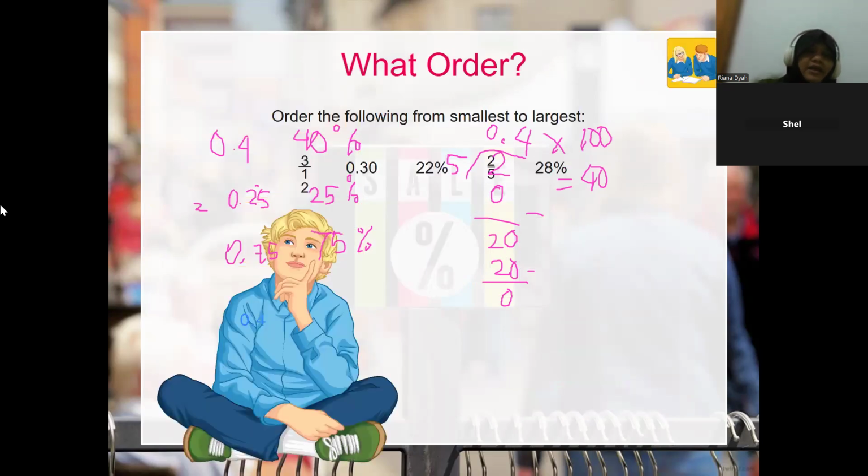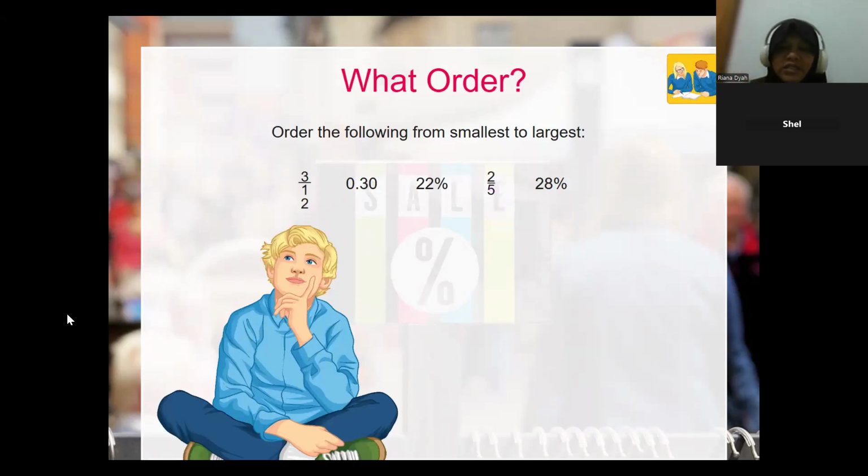Okay, now we are going to continue our lesson. It's about ordering fractions. So what is order? Order is you try to make it in line, either from the smallest to largest or the opposite, largest to smallest. In this question, we need to order the following from smallest to largest.